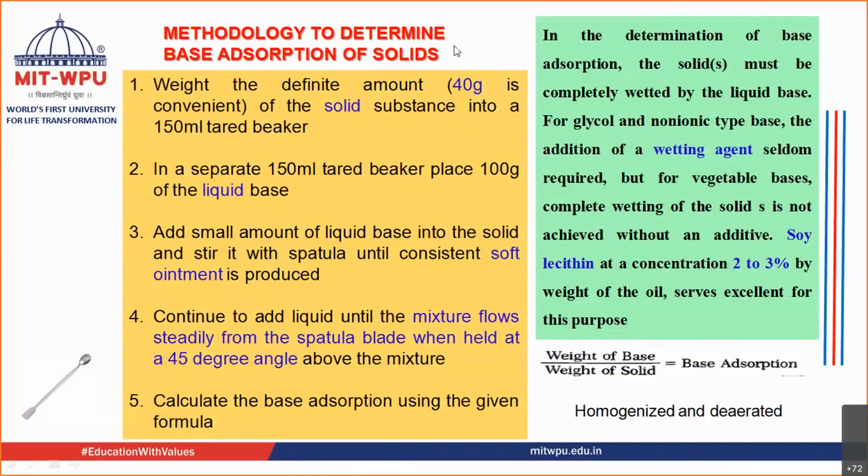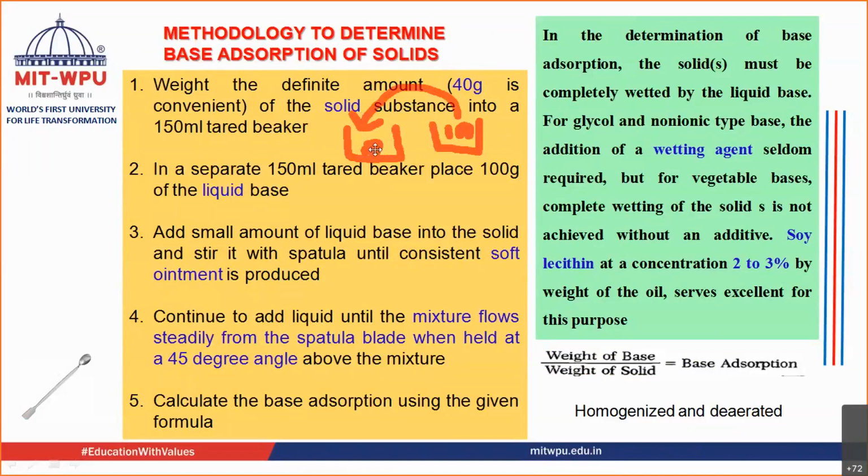For that, you take 2 beakers of 150 ml each. Both are tared. Then you take 40 grams of solid inside this, and 100 ml of liquid base, and slowly and steadily you add this liquid into the solid.